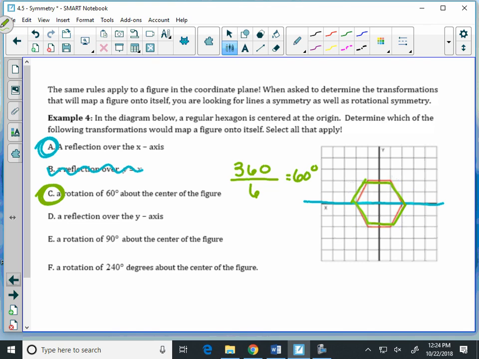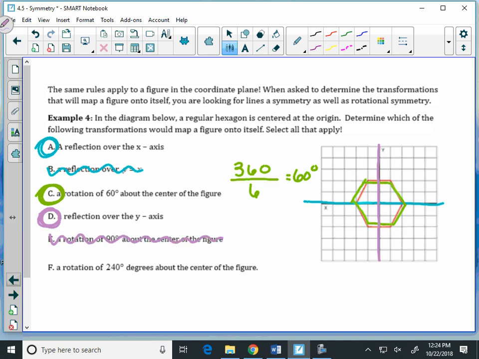Okay. G says a reflection over the y-axis. I'm going to draw that in. Did we say that was a line of symmetry? Yeah. Circle that one. E says a rotation about the center of the figure, 90 degrees. Is that going to be an answer? No. Rotating at 90 degrees is not going to work.